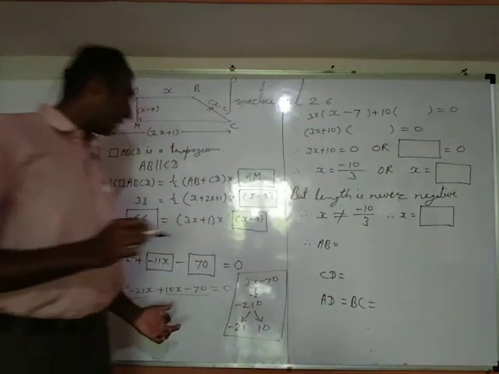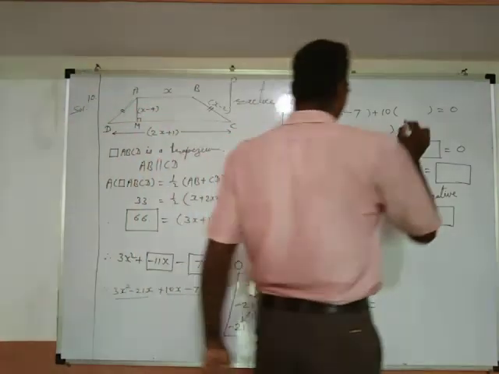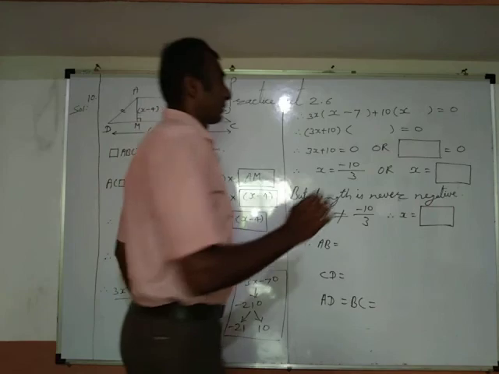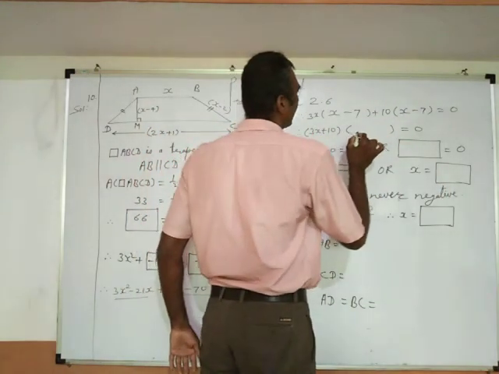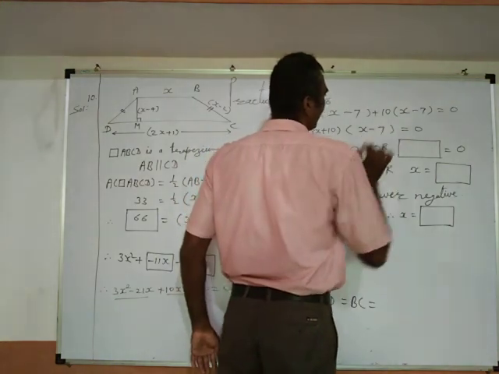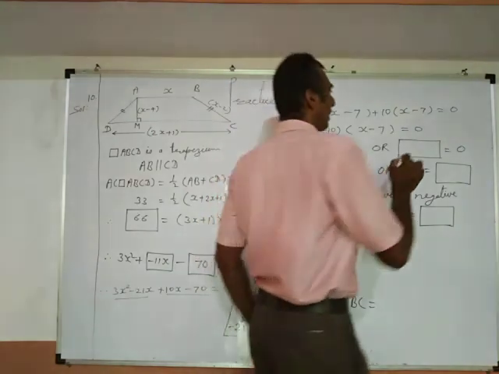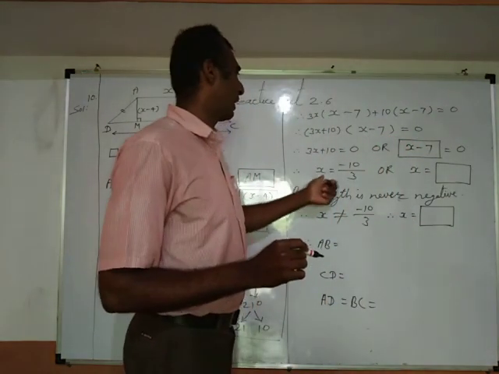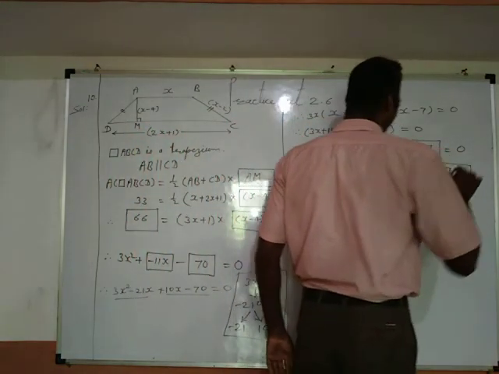By taking plus 10 common, 10x divided by 10 gives us quotient x, minus 70 divided by 10 gives us quotient minus 7. And therefore 3x plus 10 into another bracket, x minus 7 equal to 0. Therefore 3x plus 10 equal to 0, or x minus 7 equal to 0, and therefore x equals minus 10 by 3 or x equals 7.